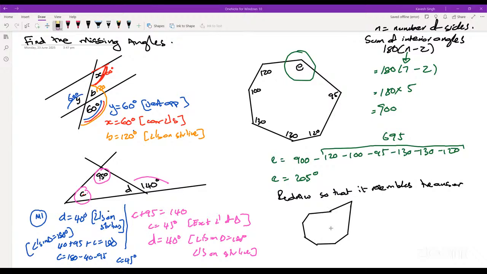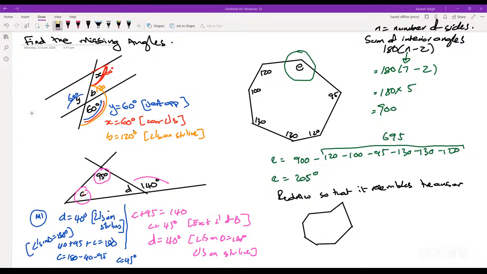So something like that. Still got 7 sides, and I've now rewritten it so that it resembles it. So I got 1, 2, 3, 4, 5, 6. Oh, I got 8 sides, so I added an extra side. Let's remove that quickly. Let's go back again. I got 1, 2, 3, 4, 5, 6, 7.